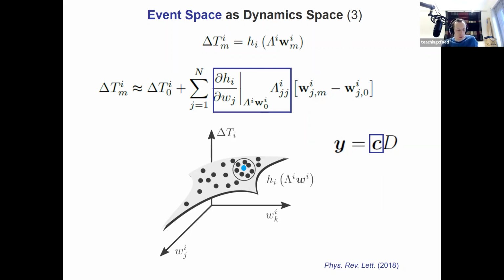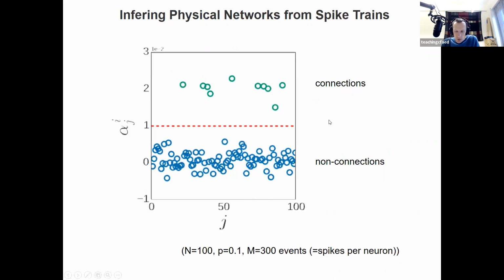We actually did more crude methods for this paper, where we find the coefficient matrix in a simpler way. And I just briefly want to sketch what's happening here. Alpha is something like the weight, and the weight can be either zero-ish, like non-connections.